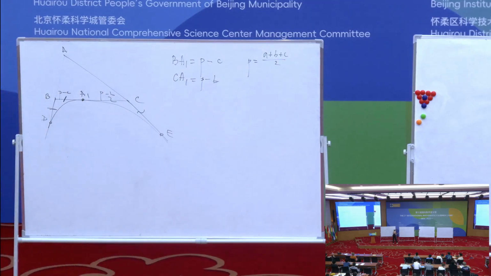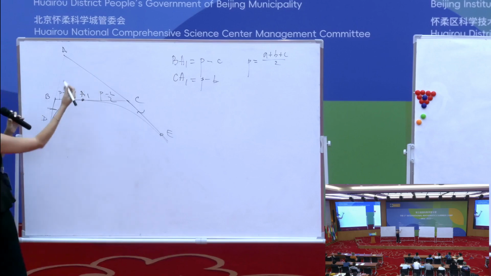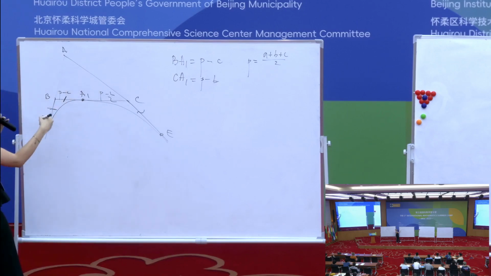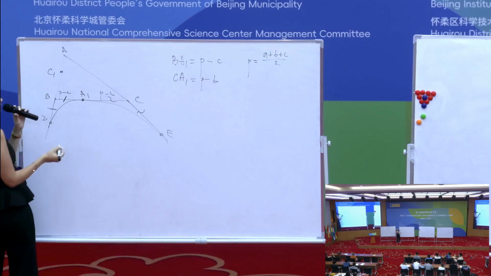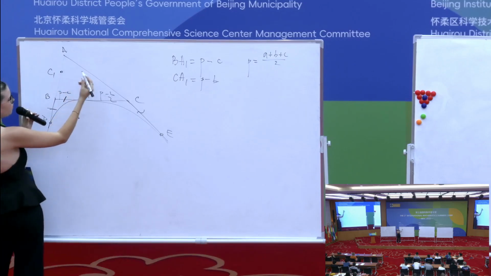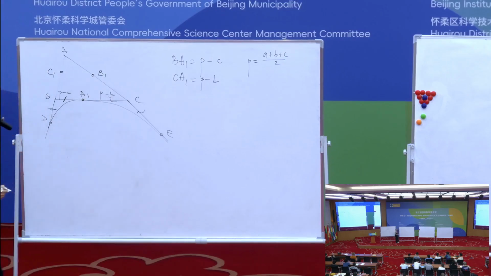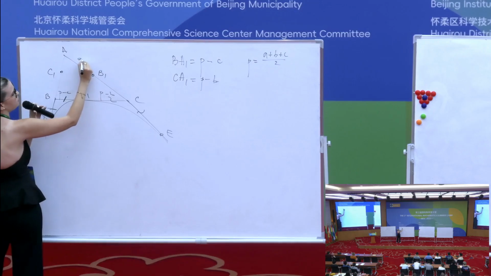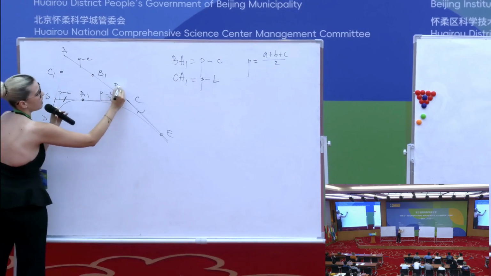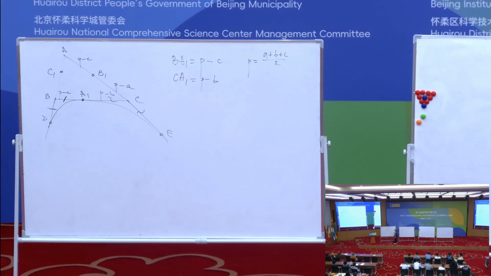Now, when you take all of the contact points, you're going to have a B1 and a C1. If I take C1 right here, and B1 somewhere around here, then on the side AC, this will be p minus c and p minus a. And on this side, we are going to have p minus a and p minus b.